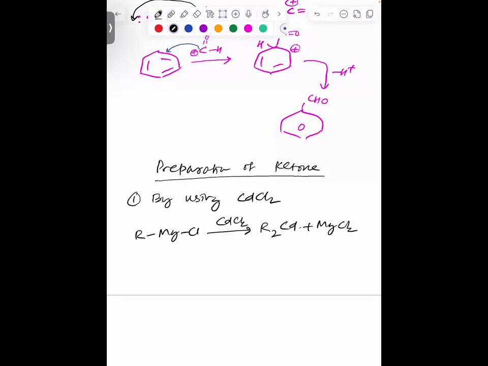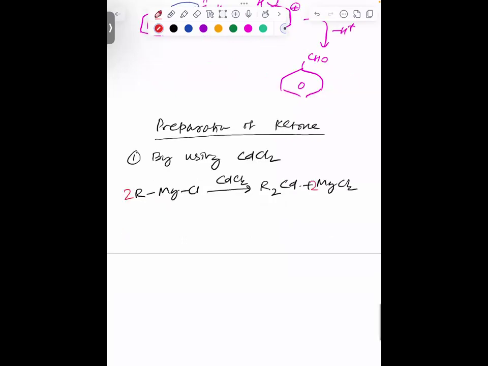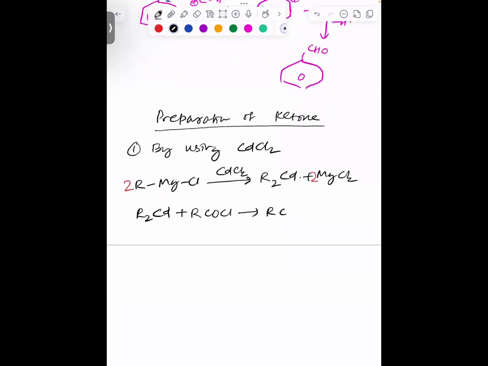Balance it, so you can put 2 here and 2 here also. Now it is balanced. Next, R2Cd plus RCOCl forms RCOR' plus CdCl2. So this is how we can prepare ketone.